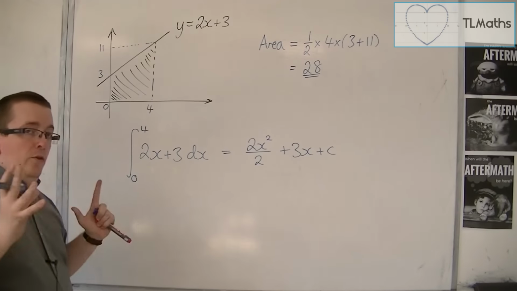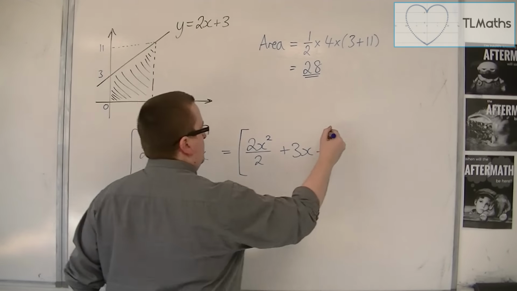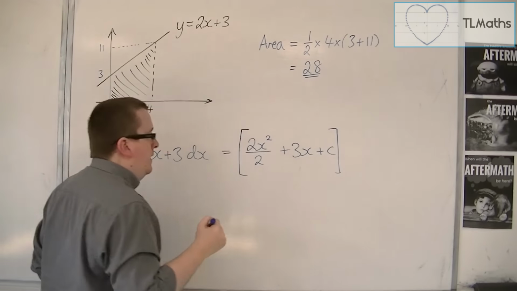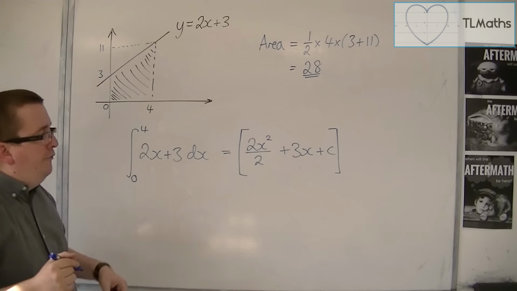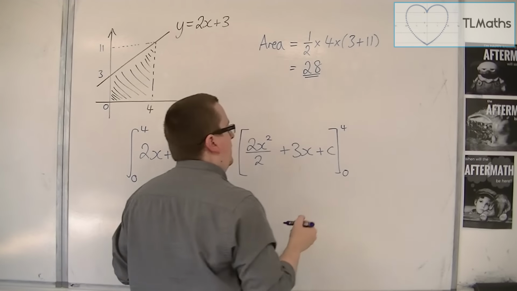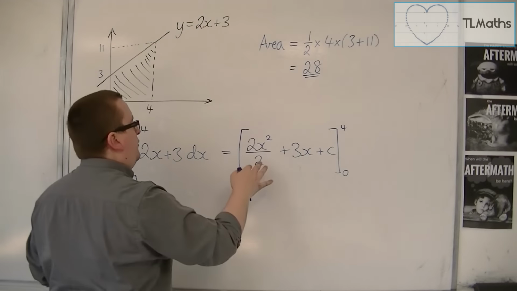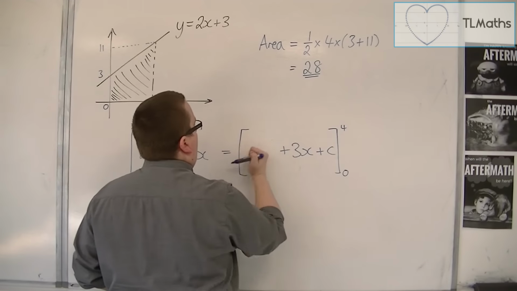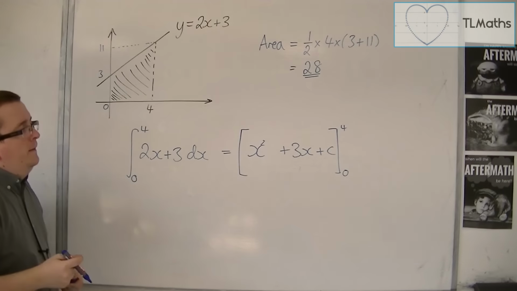And we're going to put this inside a square bracket. Got to be square. And the 0 and 4 now appear on the right-hand side of the square bracket. Now the 2x squared over 2, well, that's just x squared, so I'll rewrite it there.